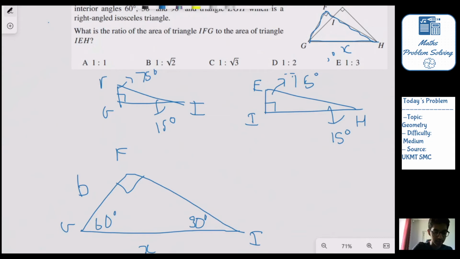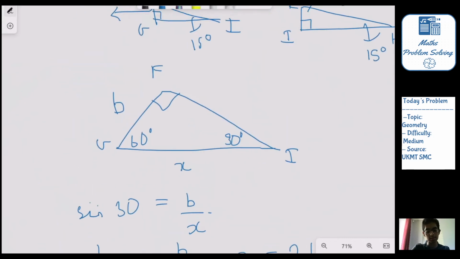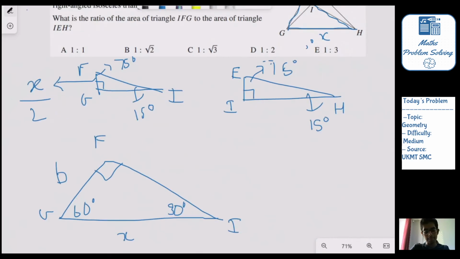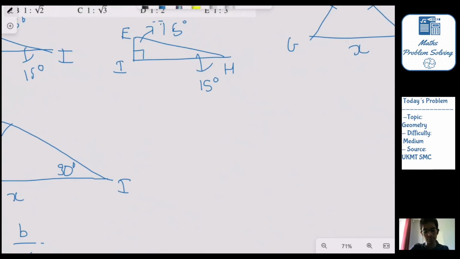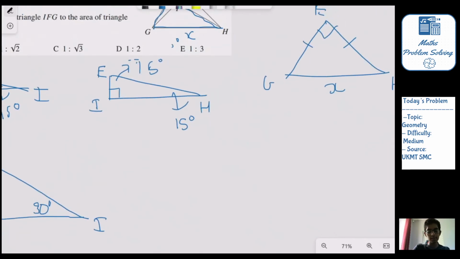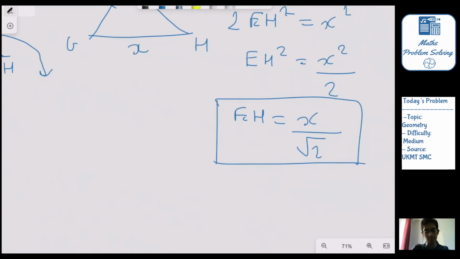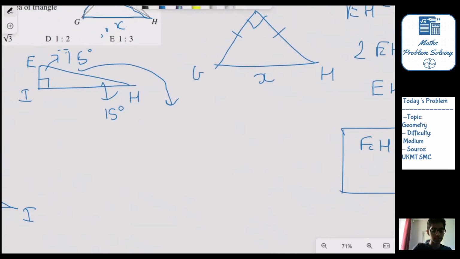Sorry, that should be F. So now, we know that this is b, which we just worked out to be x divided by 2. And we also know that EH, which is this side over here, is basically x divided by root 2, as we can see over here.